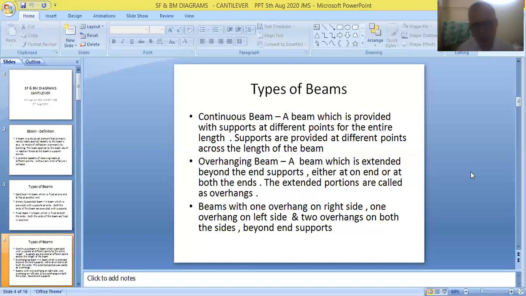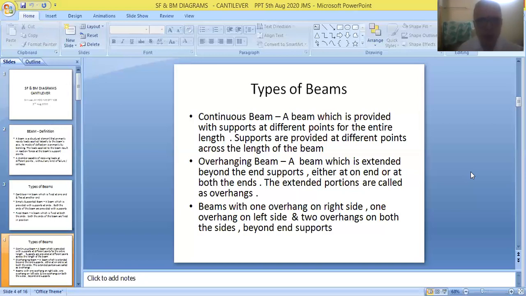So there are some similarities and differences between cantilever and fixed beam. Similarly, there are some similarities and differences between simply supported beam and continuous beams.